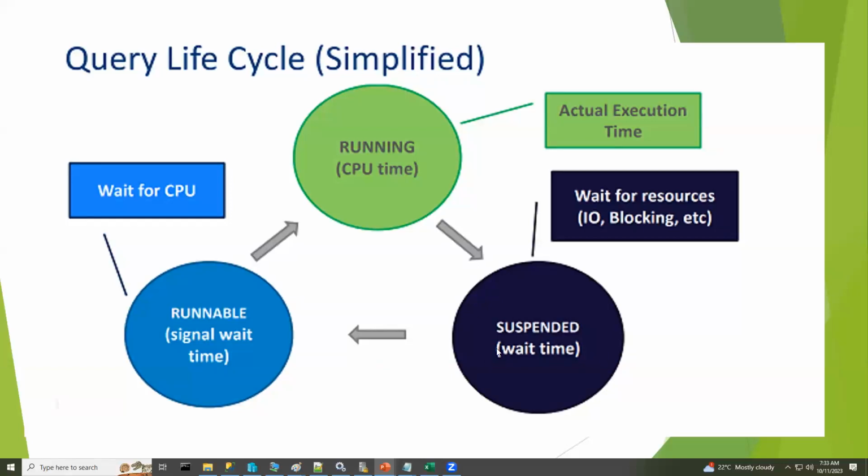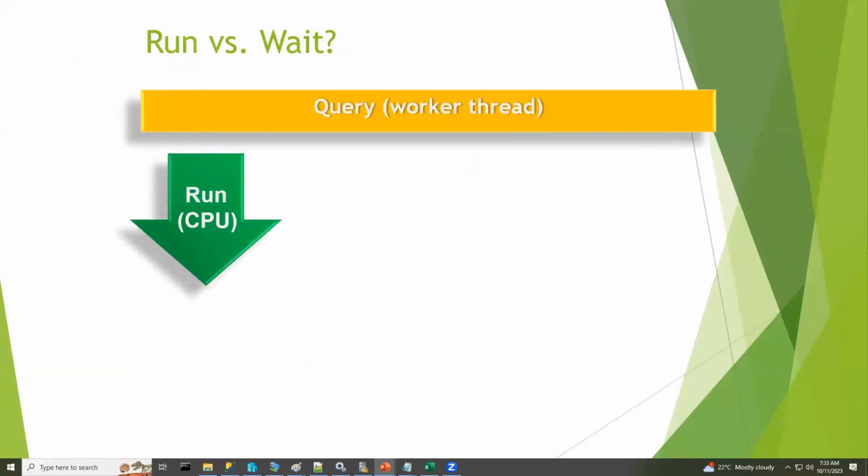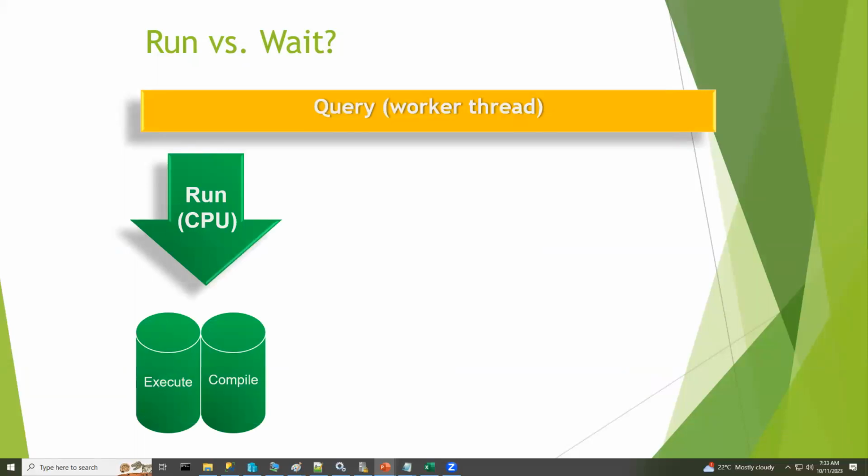And in the wait state, if the query is suspended and waiting for some resources, we have to look into it. When the query is compiling and executing, it takes CPU cycles. That is the runtime.